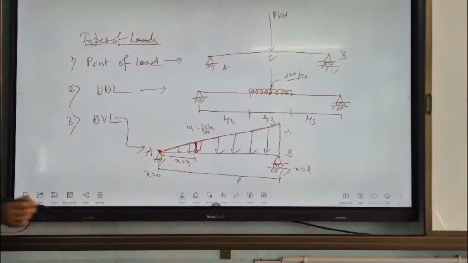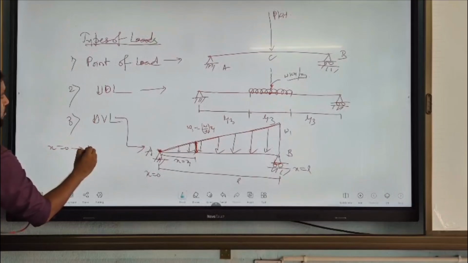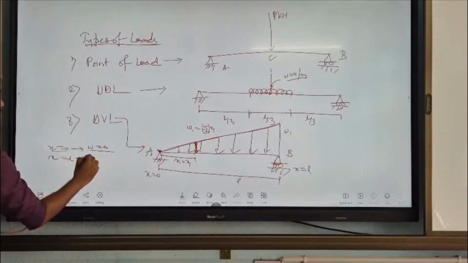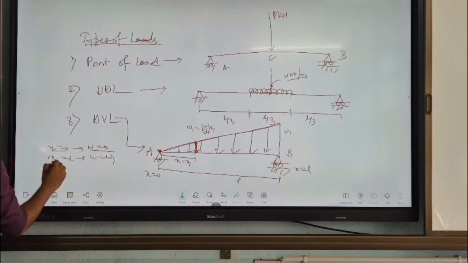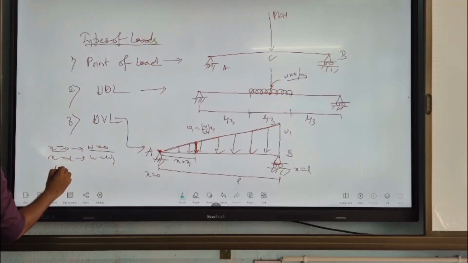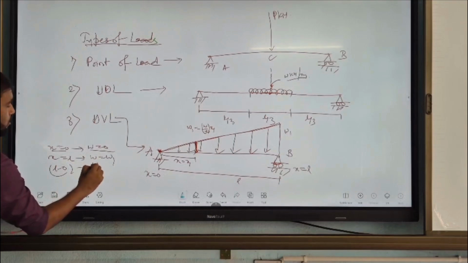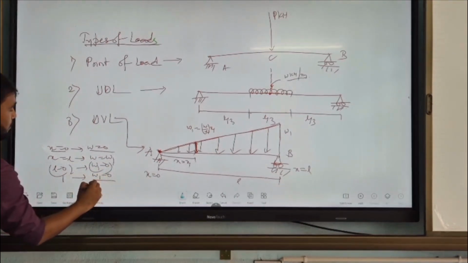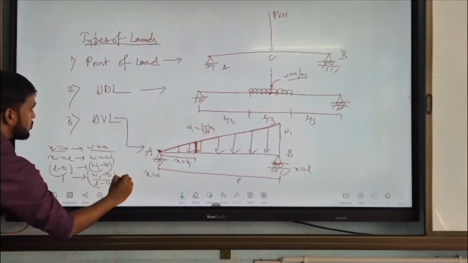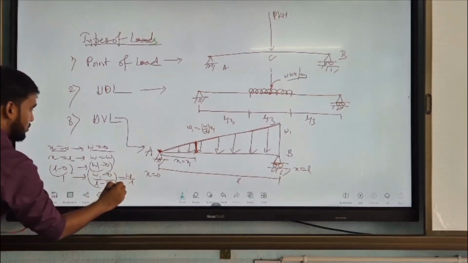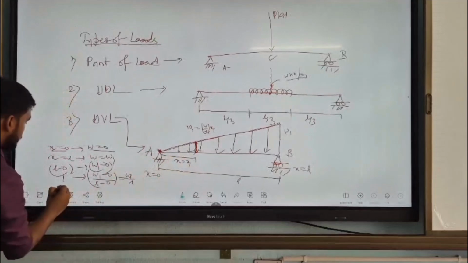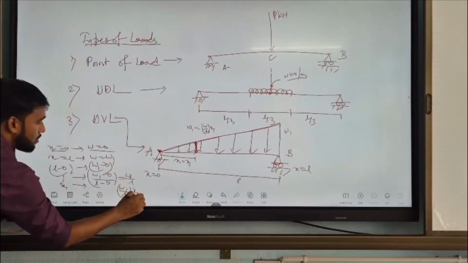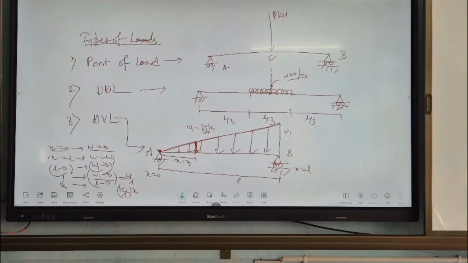Because at x equal to 0, W is 0, and at x equal to a, W is equal to W1. So the change in length is a minus 0, the change of intensity is W1 minus 0. For unit change it will be W1 minus 0 by a minus 0, that is W1 by a. So due to the change of x1 amount, this value will be W1 by a into x1.